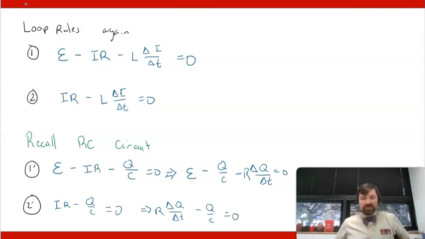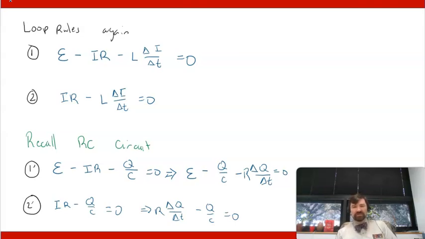And the reason why I've rewritten those this way is, notice that in this case and in this case, you have a term that is just a constant. It's the battery's EMF. You have a term that is, let's say, the thing: current in this case, charge in this case, multiplied by a constant parameter. And then you have a last term that is some other constant times a rate change of the thing that you had in the second term.